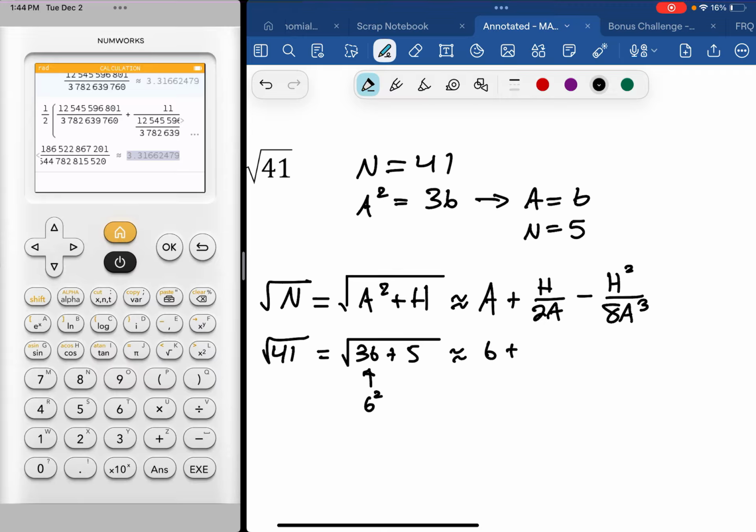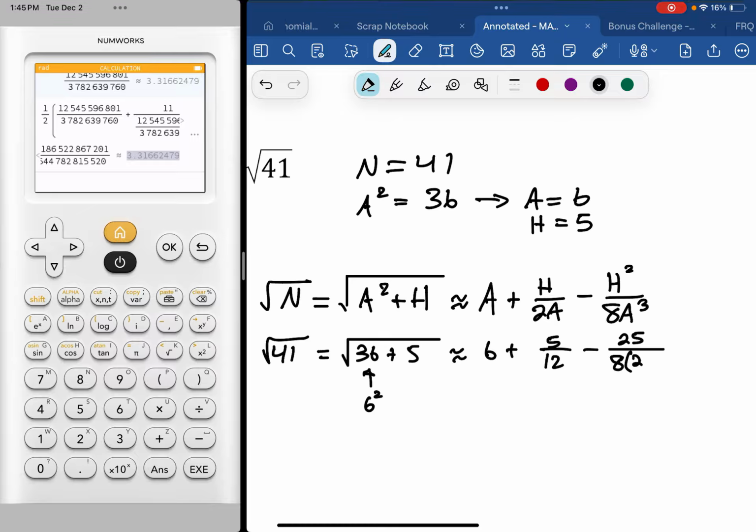oh, I wrote n. Getting late in the day here. Hold on a second. That's h equal to 5. I mean, I used it right, but no excuse, I guess. 5 over 12, 2 times 6 is 12, minus 25 over 8 times a cubed.